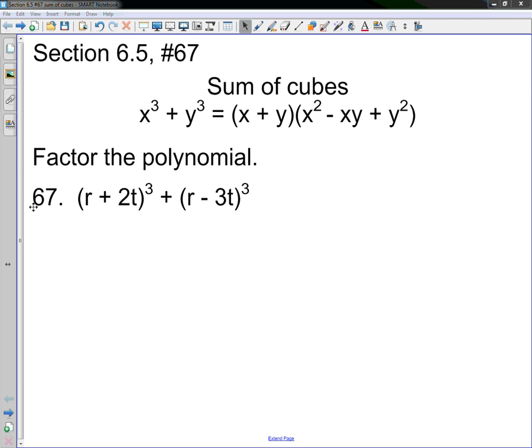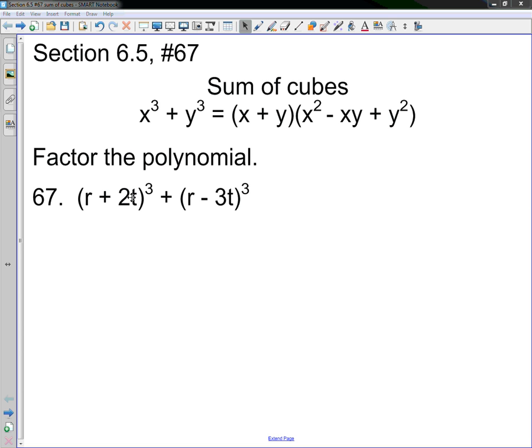When you look at the original problem, we have r plus 2t cubed and r minus 3t cubed. So you see how it's in that form where we have a value cubed plus another value cubed. There's a formula to break that apart as long as we can figure out what x and y are.